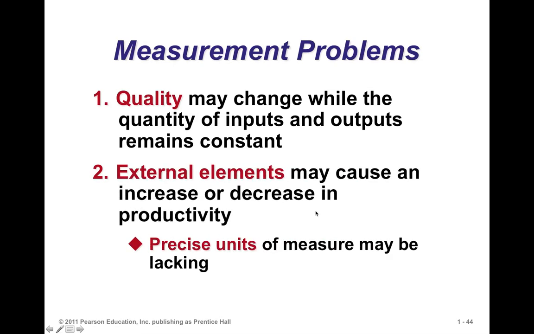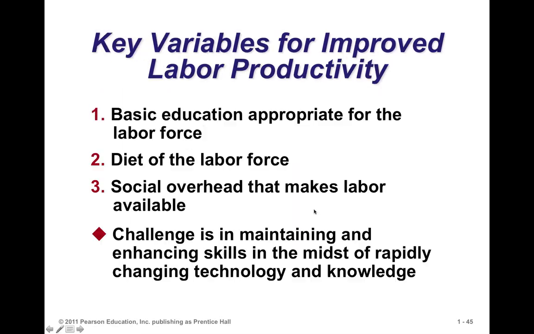And those things come with a series of problems of their own. So if you want to improve labor productivity, and it's usually quite difficult, not that easy to do, but here's something that can be done: basic education appropriate for labor, the right kind of diet, social overhead that makes labor available, and the challenges in maintaining and enhancing skills in the midst of rapidly changing technology and knowledge.